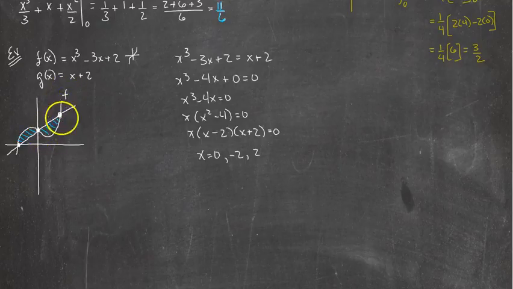So f is both less than and greater than g, depending on where I look at it. That's not that big a deal. We're just going to take two different intervals. We're going to look first on the interval from -2 to 0 of f of x minus g of x.